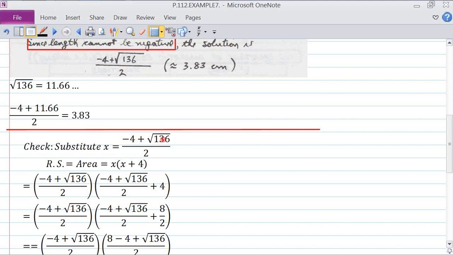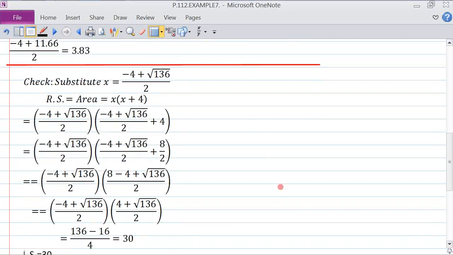Minus 4 plus root 136 over 2. We're going to put it back into the area formula, and we're going to see what we get. So we have x here times x plus 4, because x is this, and then we have x plus 4, which is this part over here. This part, to repeat, is x, and this is x plus 4.